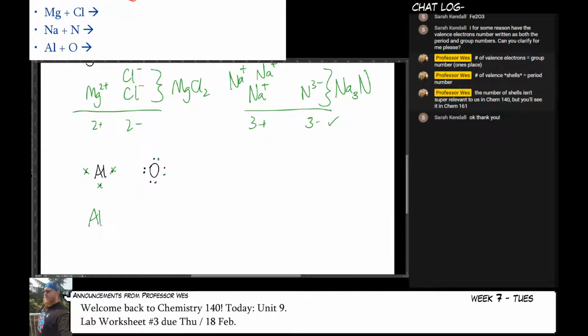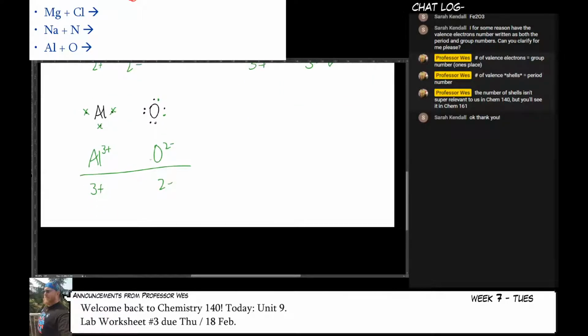So aluminum would be +3. Oxygen would be -2. Let's look at the charges. Oh, that's not close. In fact, we're going to have to do this. Oops. There we go. So that makes that 4. That still doesn't work. We'll add another +3. Oh, that still doesn't work.